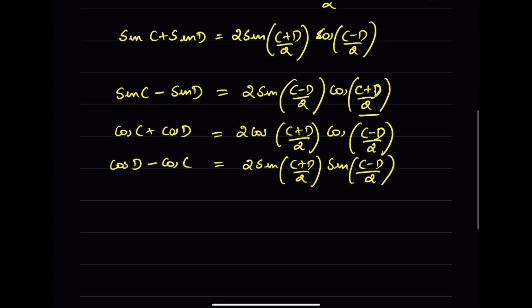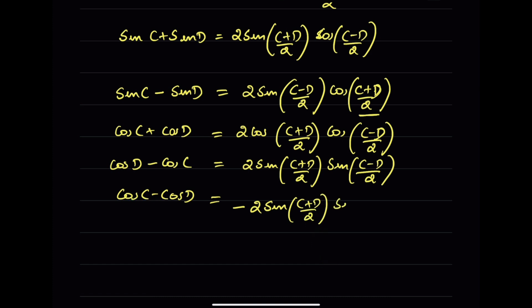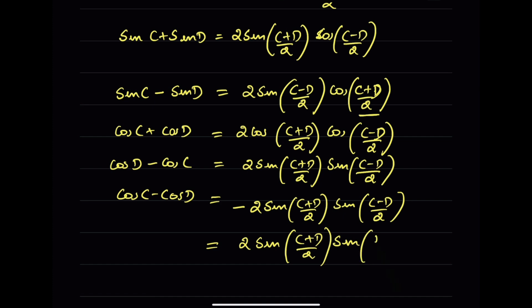So in case you want this to be consistent, what we can write is cos of c minus cos d is equal to minus 2 sine (c plus d) by 2 times sine of (c minus d) by 2. And now if you want to get rid of this negative sign, we can change this to 2 times sine of (c plus d) by 2 and sine of (d minus c) by 2.